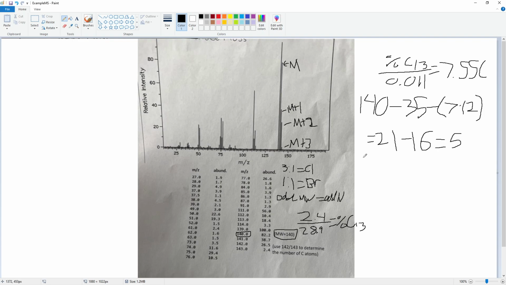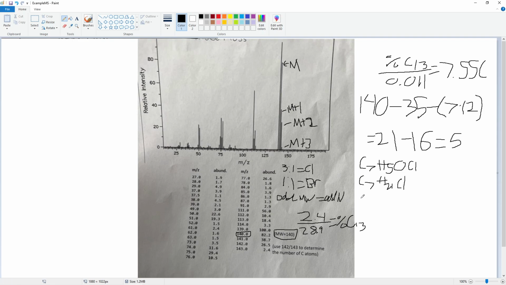So we have C7H5OCl. Or if we just take this at face value, we have C7H21Cl. So those are our 2 possibilities for 7 carbons.